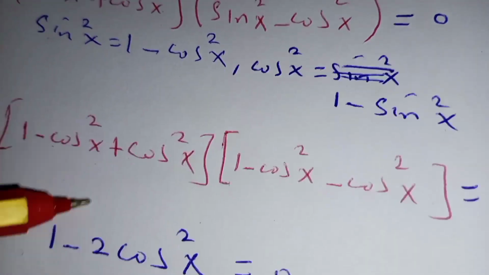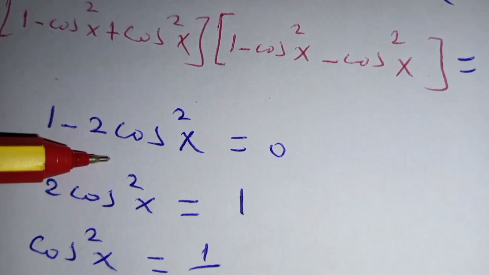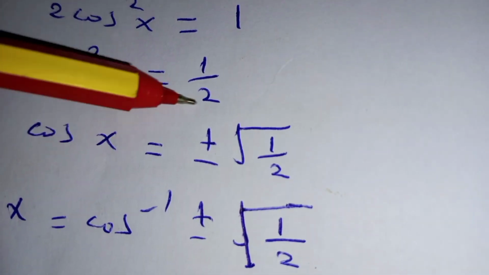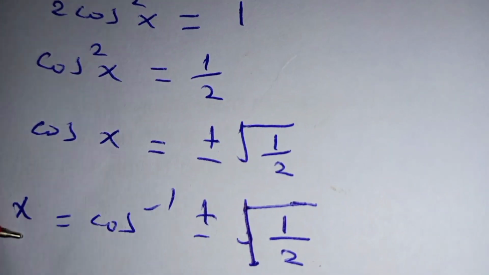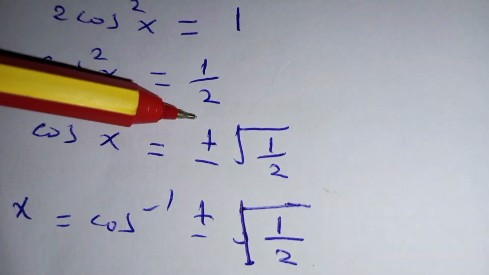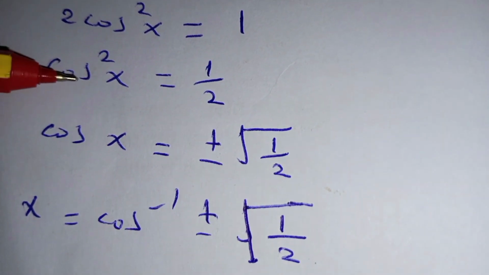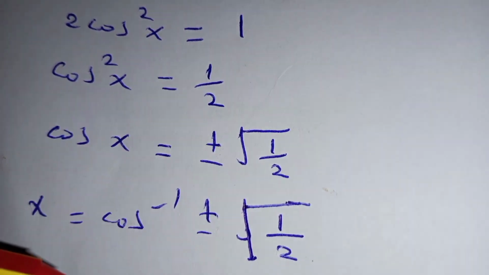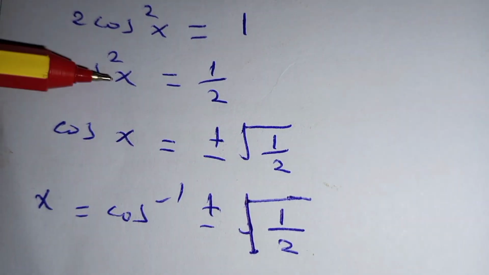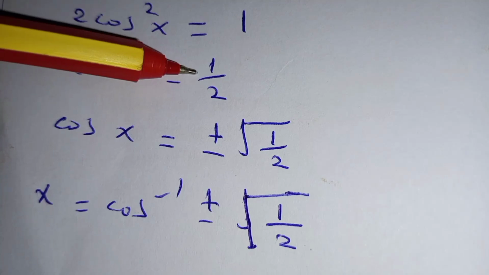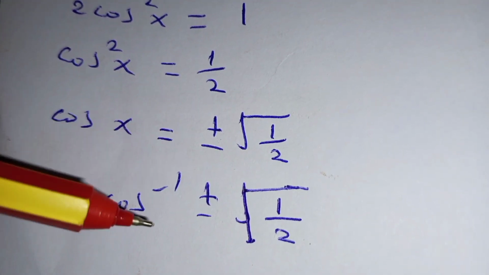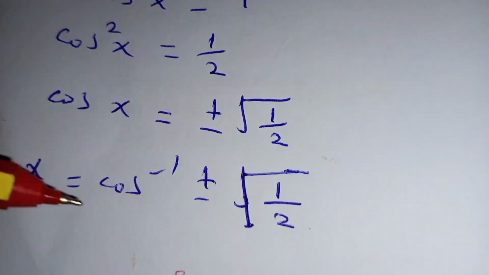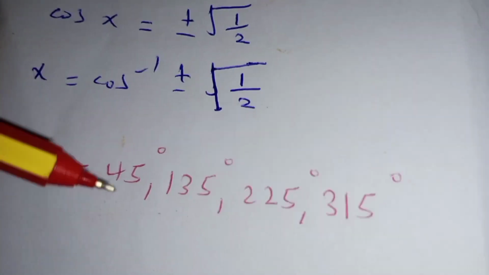We have simplified it to this part here, and taken the cos inverse of both sides, so that we are left with x. Because we have plus and minus, because the square root of cos squared x is plus or minus cos x, on the right hand side it is plus or minus the square root of 1 over 2. Then the possible values are all these.